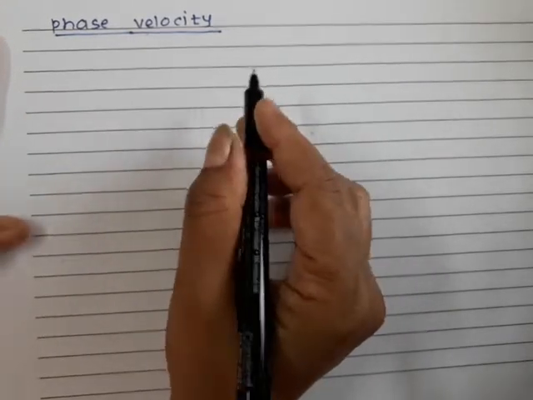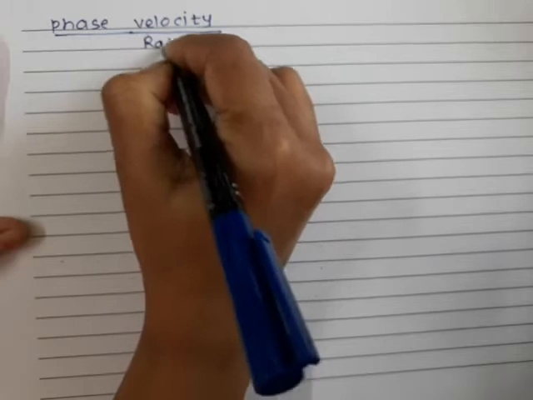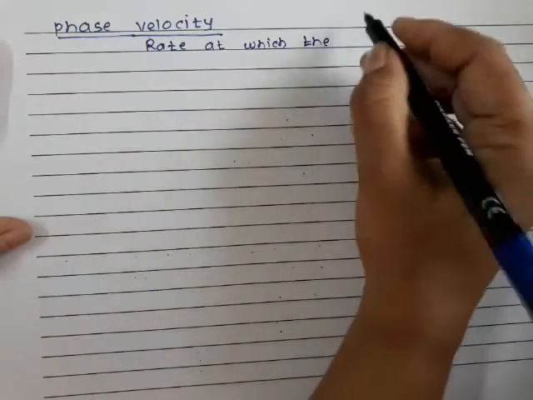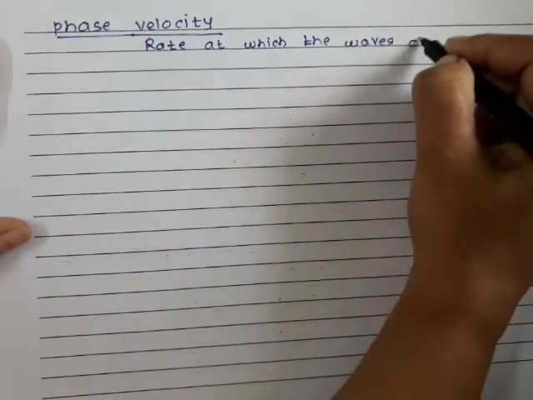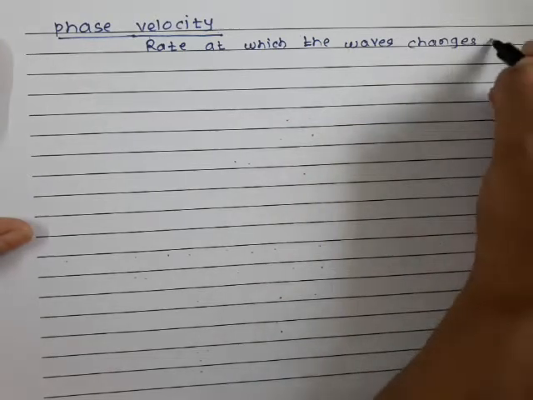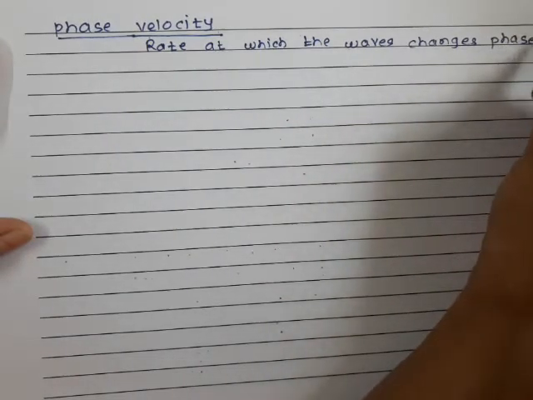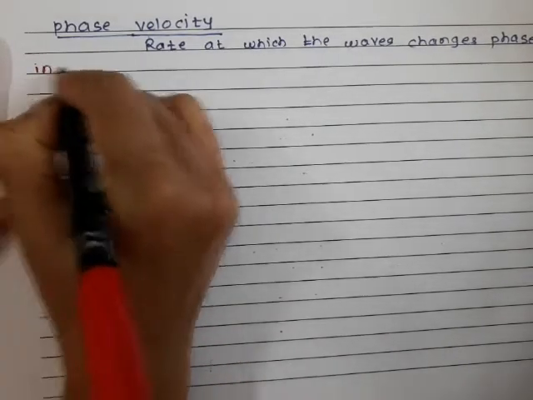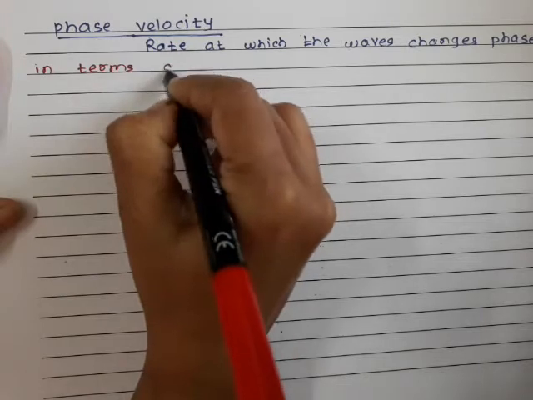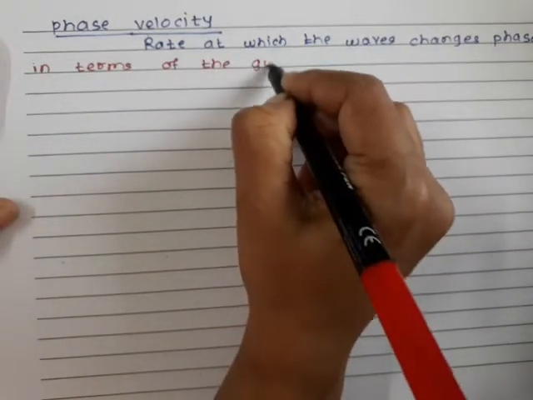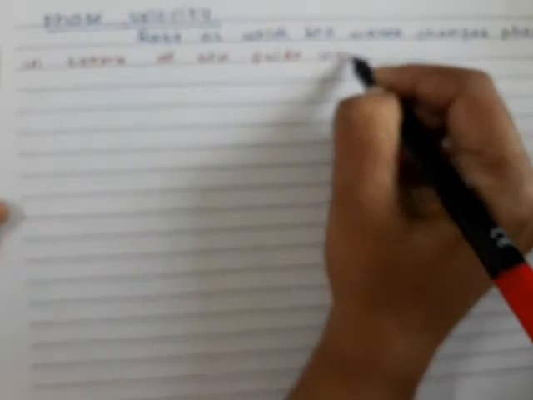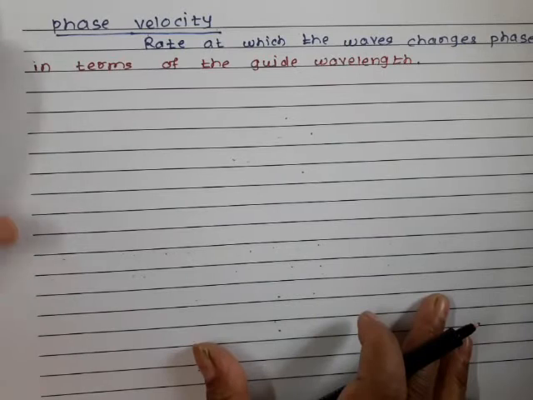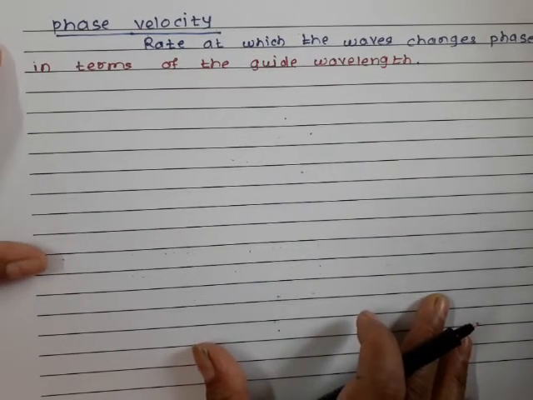It is defined as the rate at which the wave changes its phase in terms of the guide wavelength. So it is the rate of change in terms of the guide wavelength.